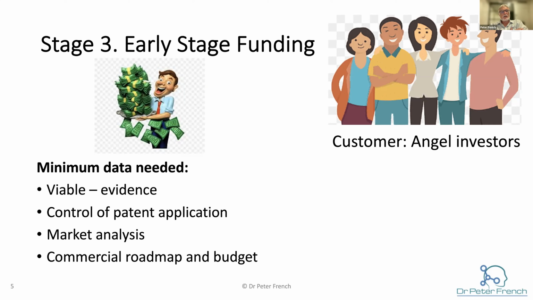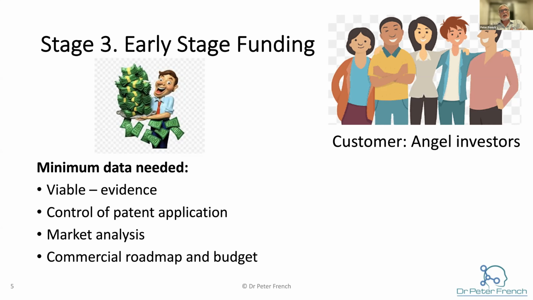So what data do you need for that? Well, you need some evidence that it can work, and that evidence can be what you've used for the patent application. So that's good. You need to show that you've got control of the patent application. You need to have an idea of what the market size is. And then you need a commercial roadmap and budget for what you will do with that money.